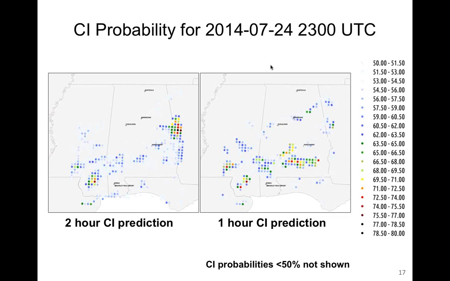It's destabilizing in rather small regions, so we can assign probabilities of convective initiation from 50 to 80% based on that. So this is 2 hours on the left, 1 hour on the right.